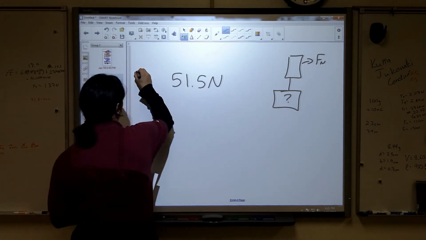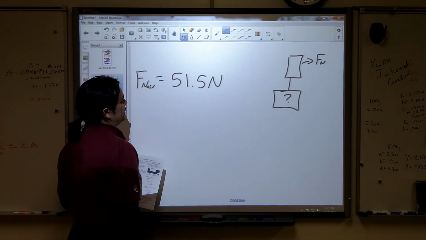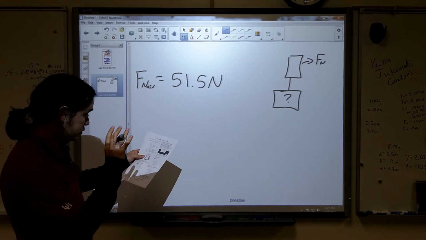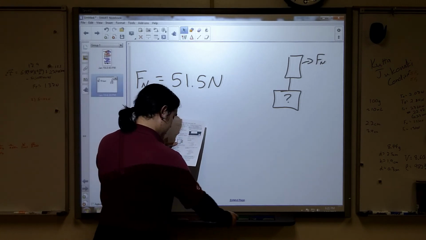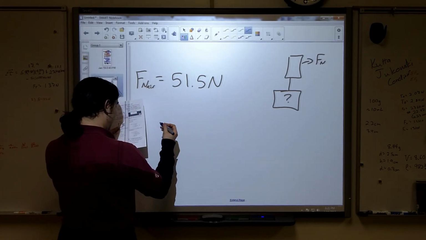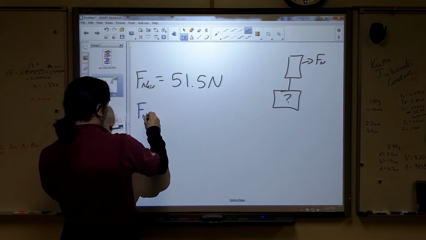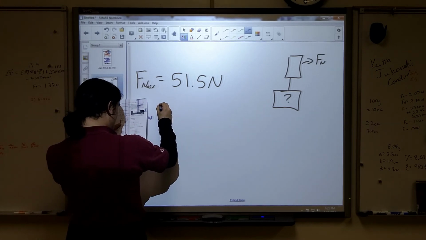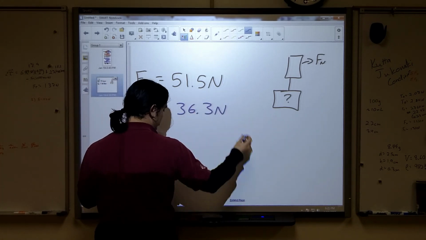So my normal force in air is equal to 51.5 newtons. They also tell us that the scale reads the following. The normal force in water is equal to 36.3 newtons.